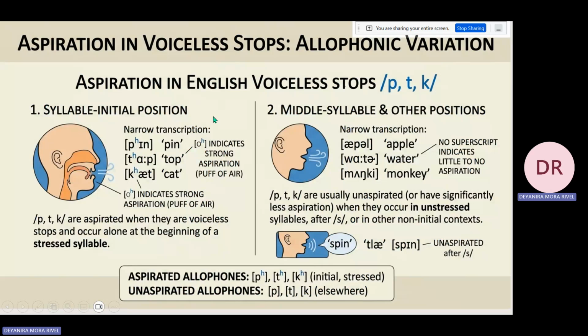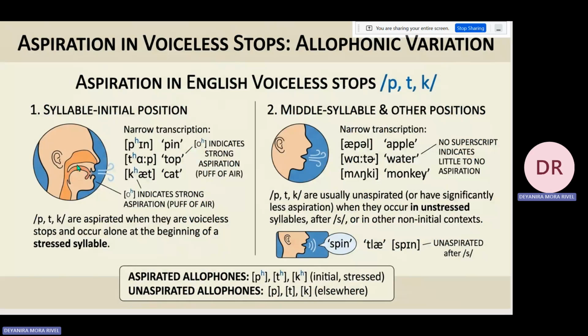Voiceless stops are going to be aspirated at the beginning of the syllable, the beginning of the word. So we're going to have this little H, which is the glottal sound ha, right? Like in home. That shows that there's an extra puff of air. We can see the image here that there's an extra puff of air.